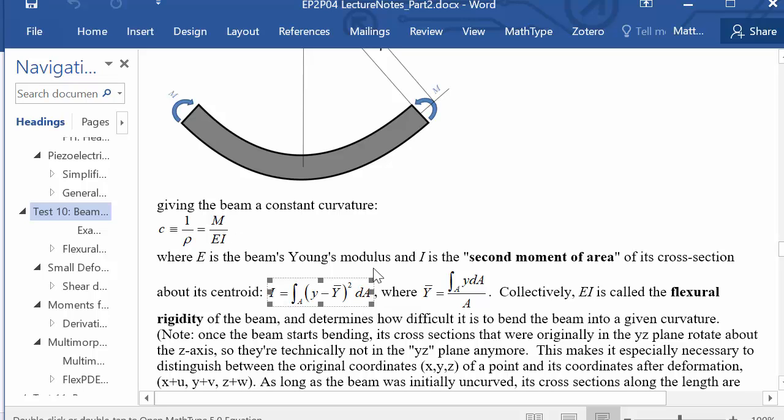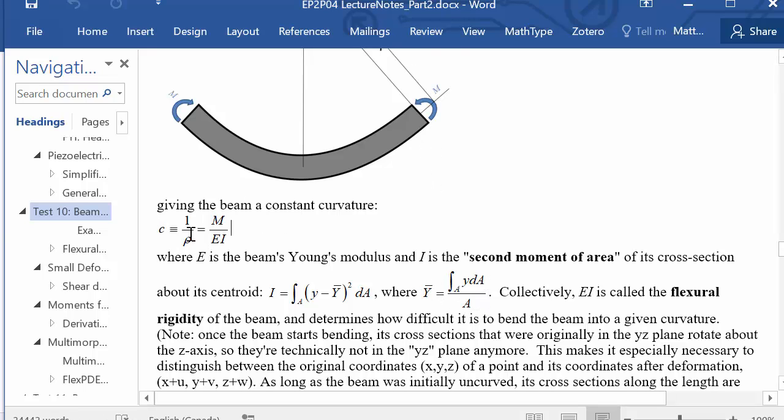So after you integrate this thing over the area, it scales dependent on the thickness. This thing doesn't change if the beam just gets longer, but its relative importance does change because it goes like the thickness cubed.